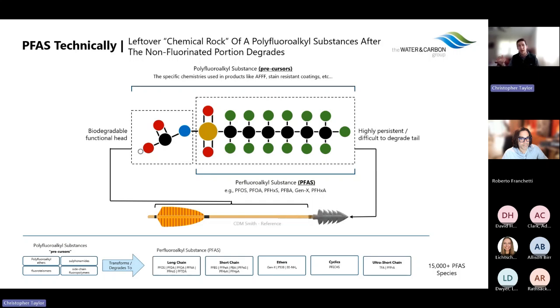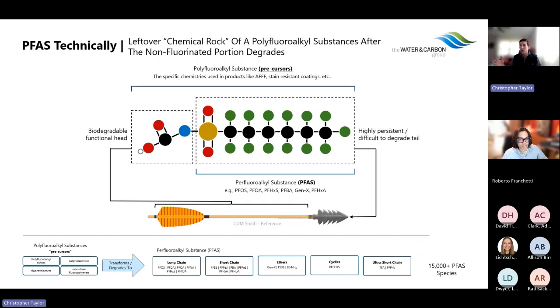So that's like the stone aspect of the arrowhead. Now, the more carbon-fluorine bonds that you add, the longer the chain. So here in this picture, the black dot with the green dots is a 6-chain PFAS compound that I'm showing.